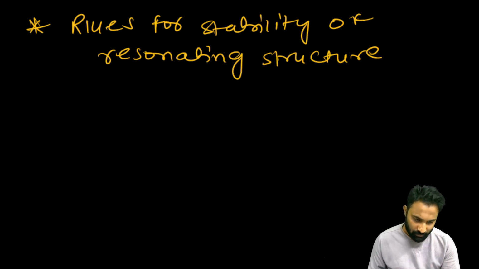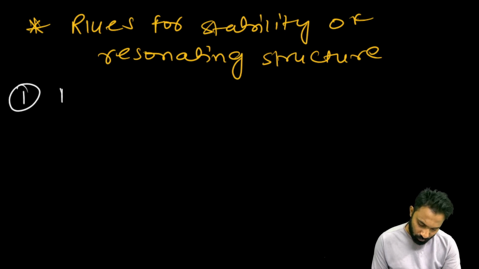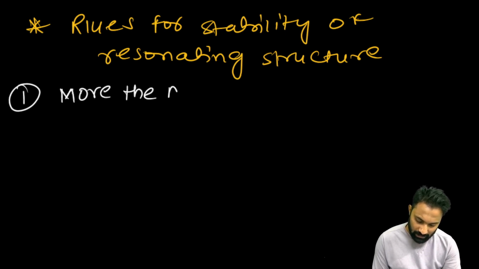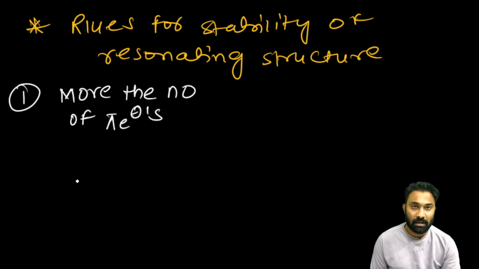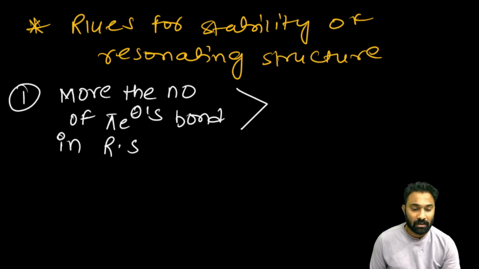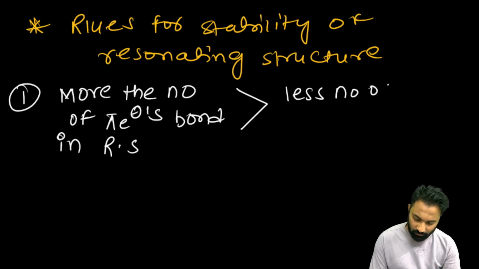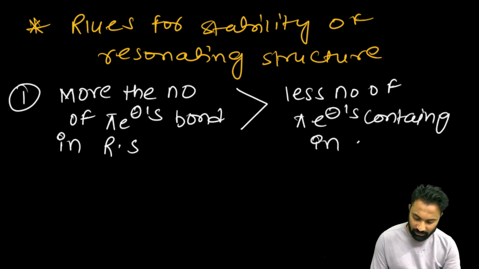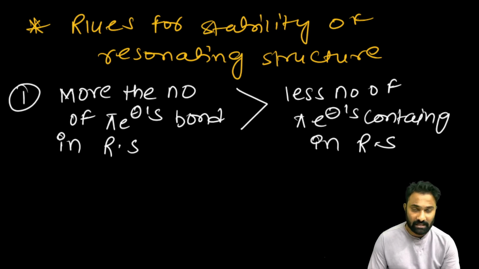In the first key point you have to remember, the more the number of pi bonds or pi electrons in a resonating structure, the more stable it is, greater than the one containing fewer pi electrons.